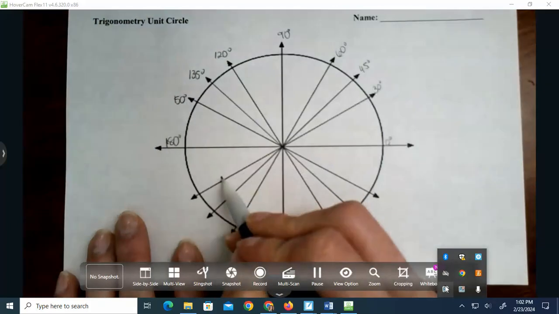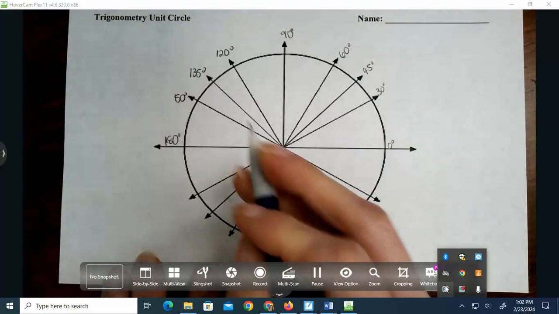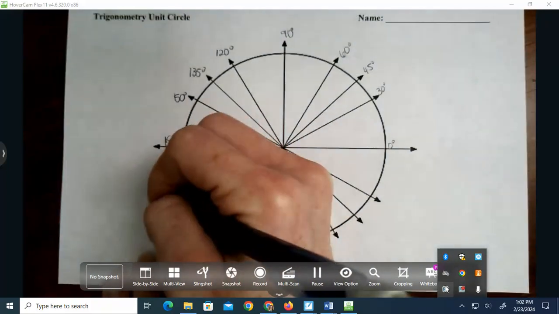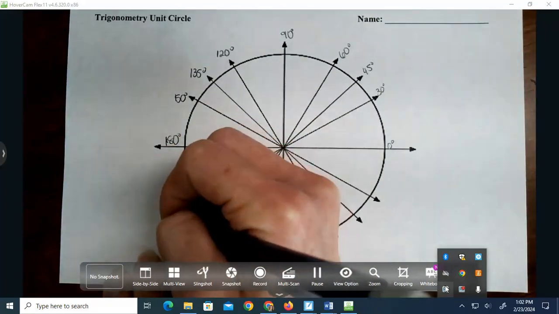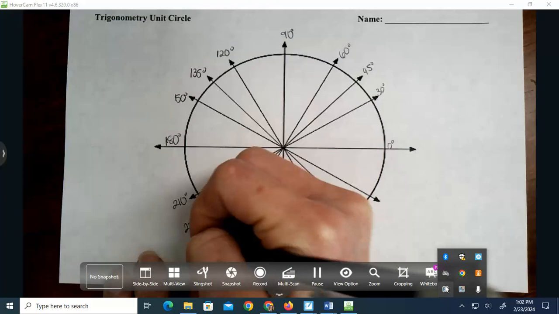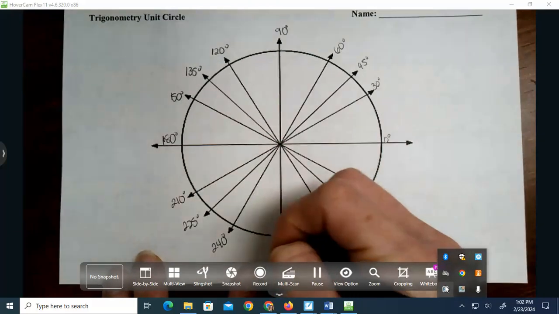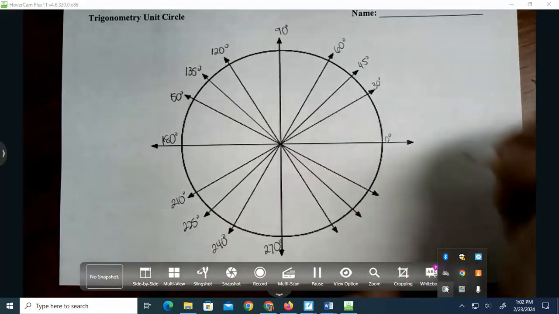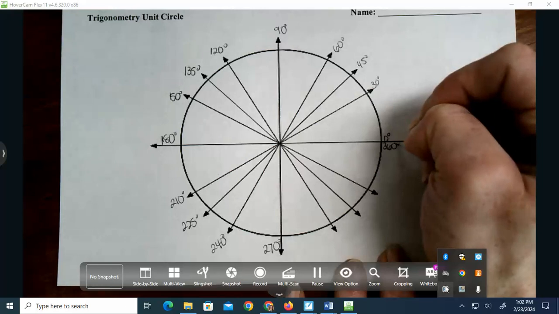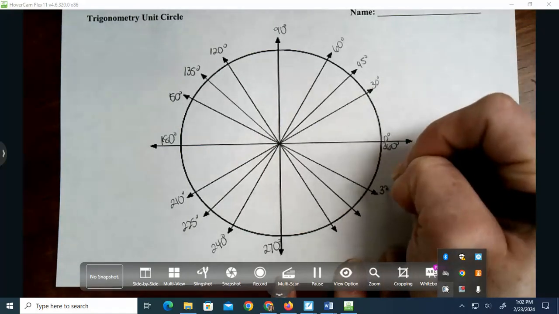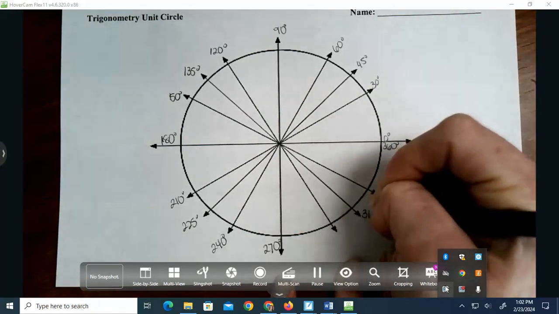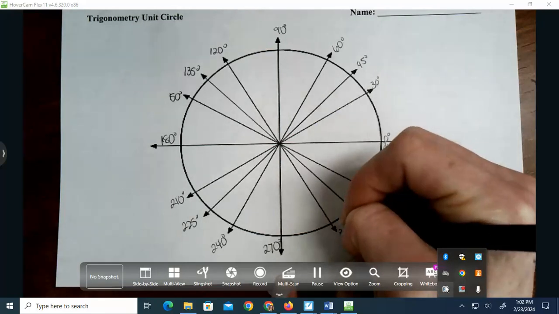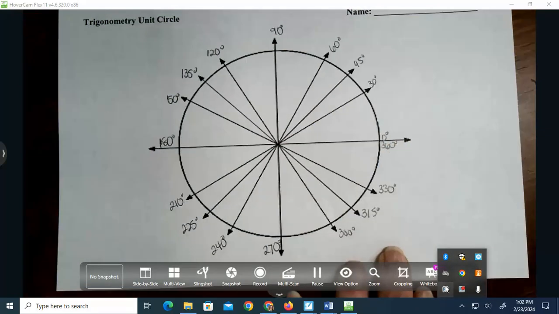In this quadrant, what did we do? Added 90. So 180 plus 30, 180 plus 45, 180 plus 60. This was our 270. And we know 0 is the same as 360. So 360 minus 30, minus 45, and minus 60. Okay, so that's our circle.